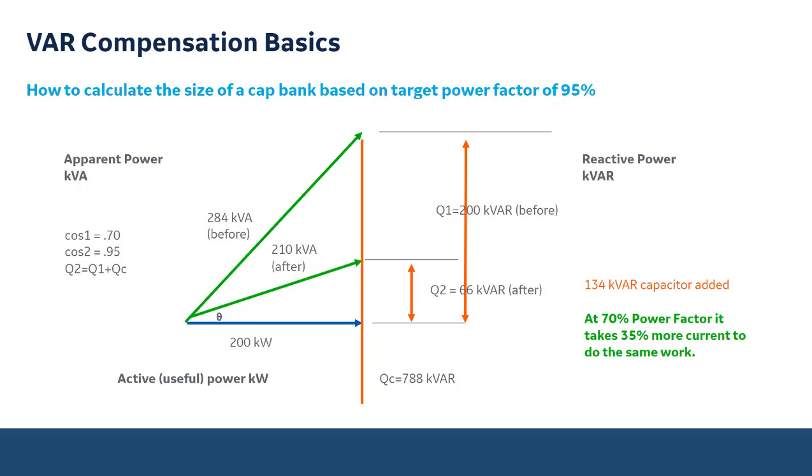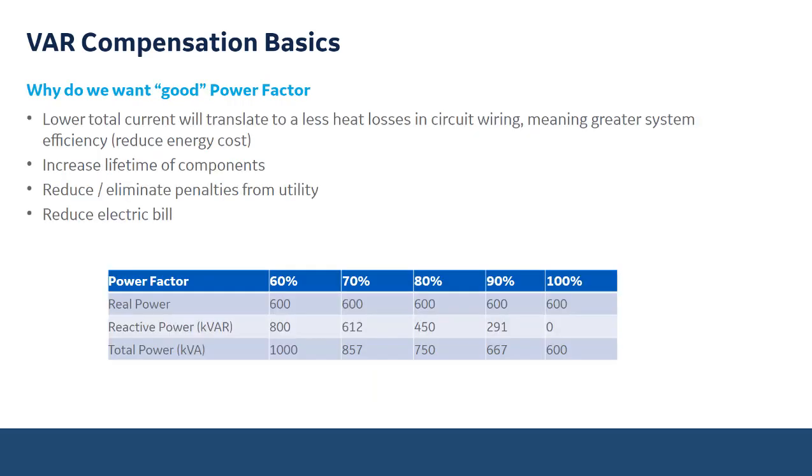So, VAR compensation basics. Why do we want a good power factor? The lower total current translates to less heat loss in circuit wiring, meaning greater system efficiency. You're reducing your energy costs. You're going to increase the lifetime of components, so they aren't working as hard as they would without a capacitor bank.